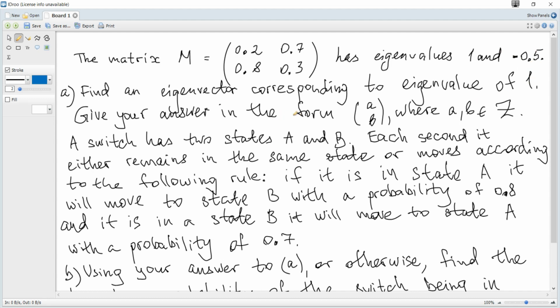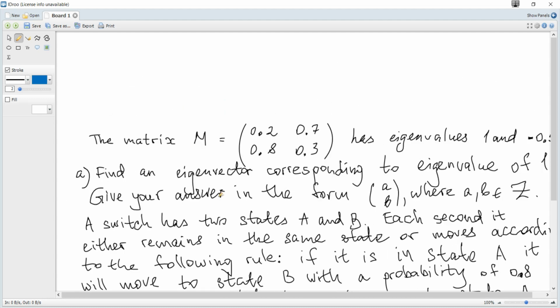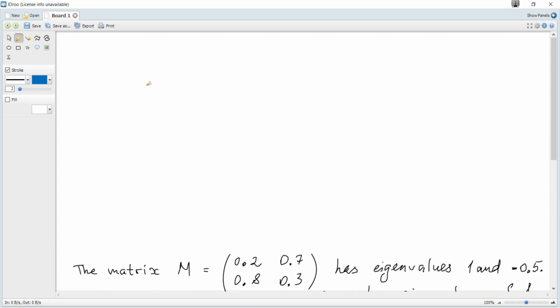So eigenvalues and eigenvectors arise from the following situation. When some matrix M is given, we describe some transformation. When this matrix acts, meaning when the matrix is multiplied by a vector, we get another vector. So it is given some vector u.